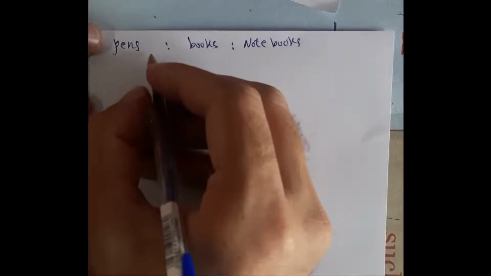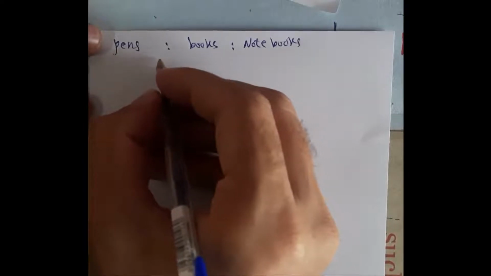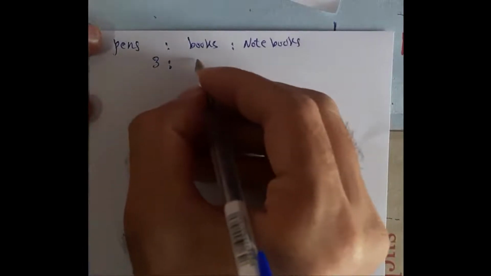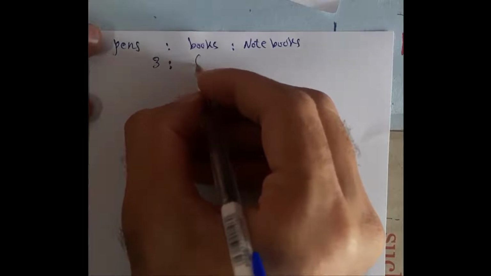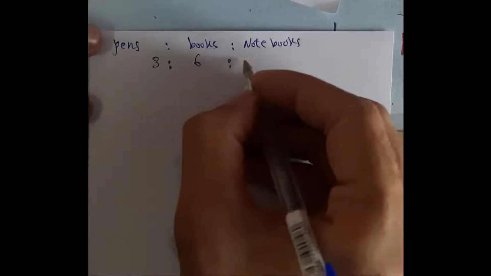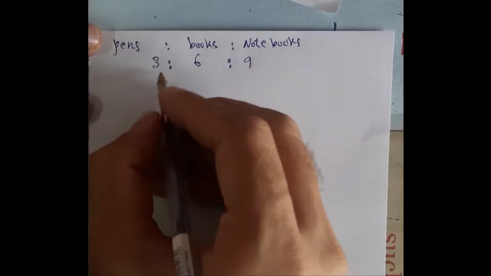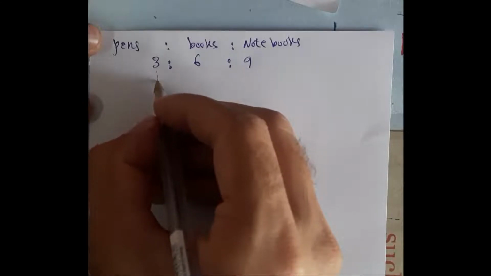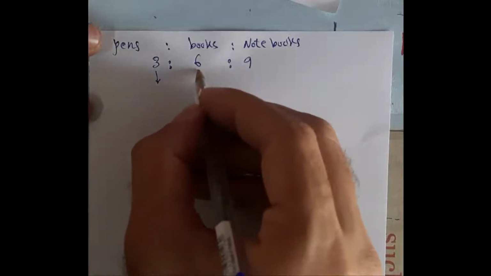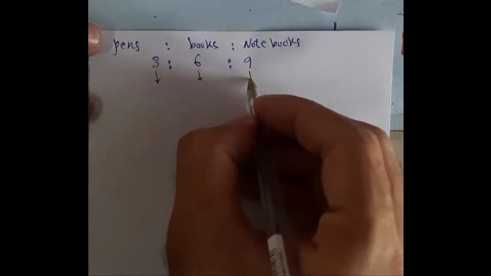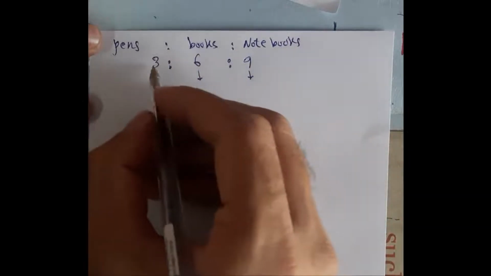How many pens do we have? 3 pens. How many books do we have? 6 books. How many notebooks do we have? 9. So here we divide all of them by their common factor.